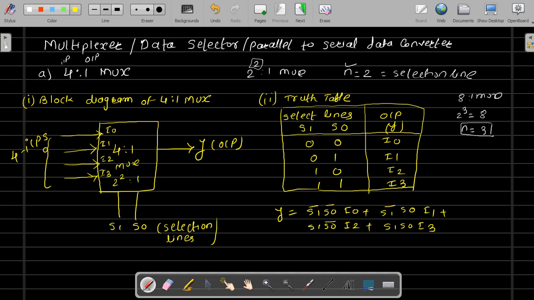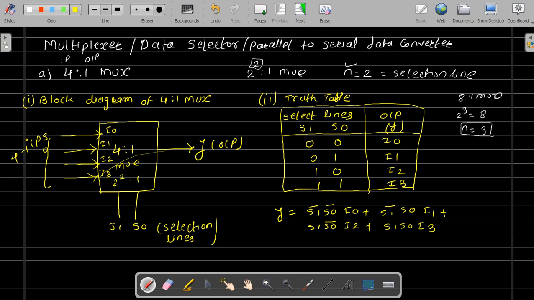As I said, the selection of the input depends on the selection lines. When I want I3 to be present at the output side, you want to establish this connection: your S1 and S0 should be 1 1, then only I3 will be active.